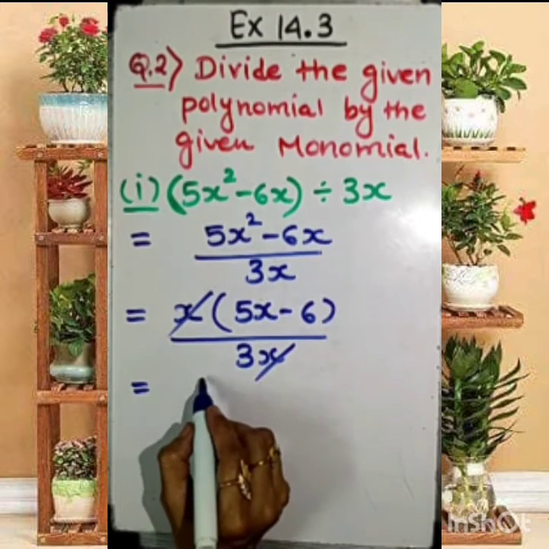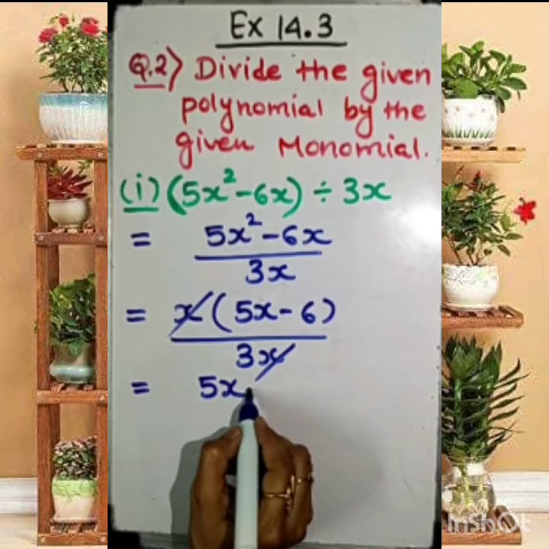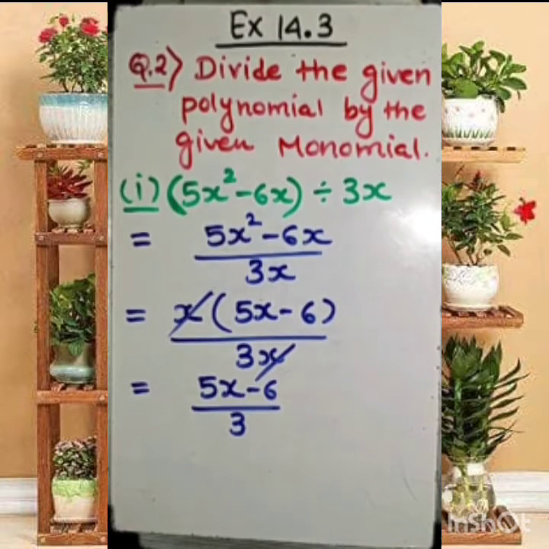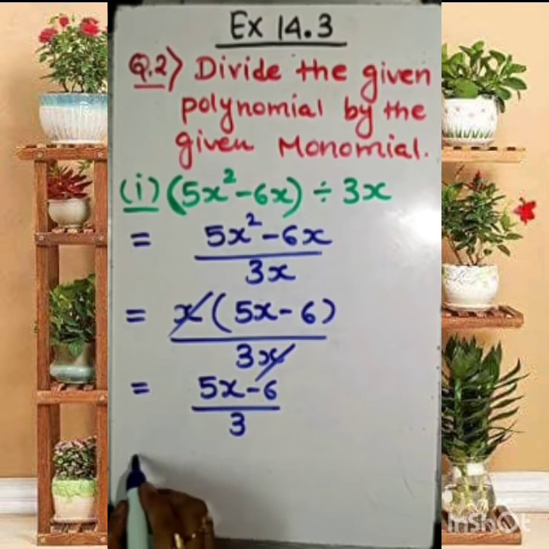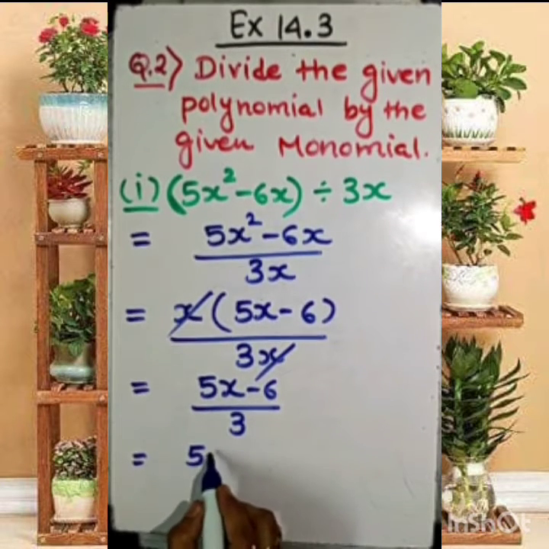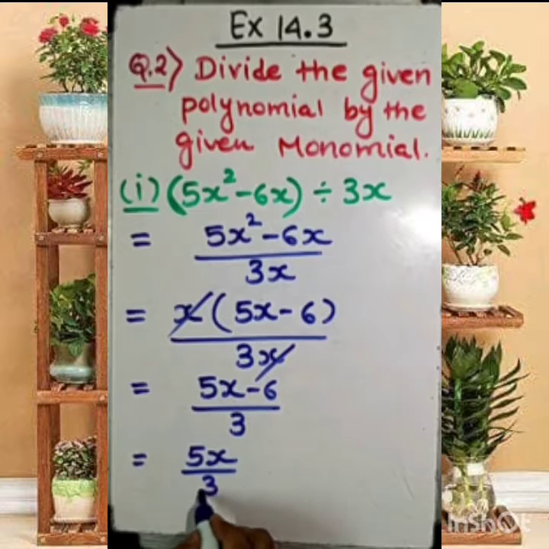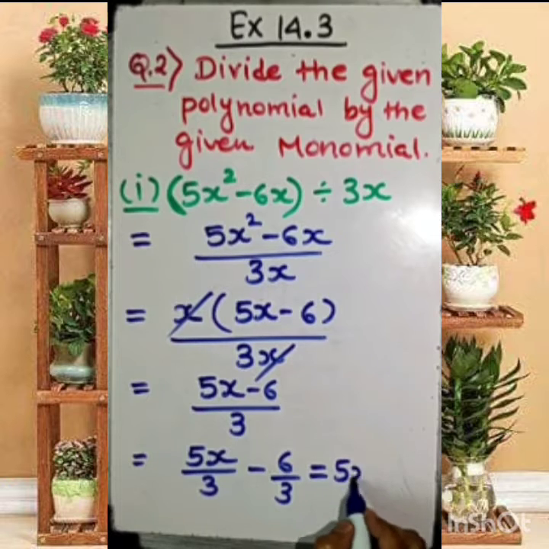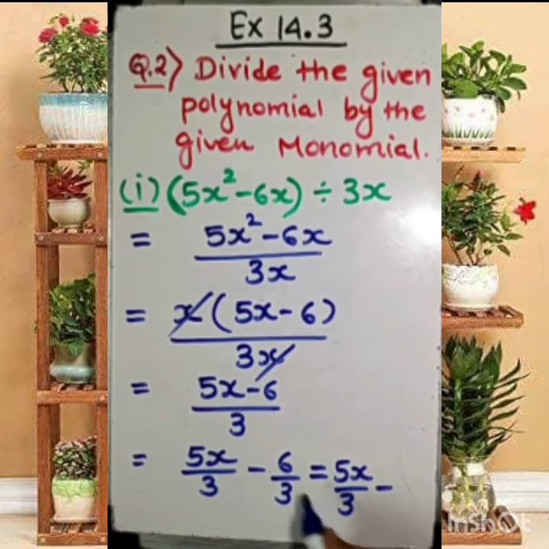So what is left here? 5x minus 6 by 3. This is the solution. If not, then you can separate the denominator also. 5x by 3 minus 6 by 3. Separate the denominator. So we will have here 5x by 3 minus 6 divided by 3 is 2. So this is the solution.